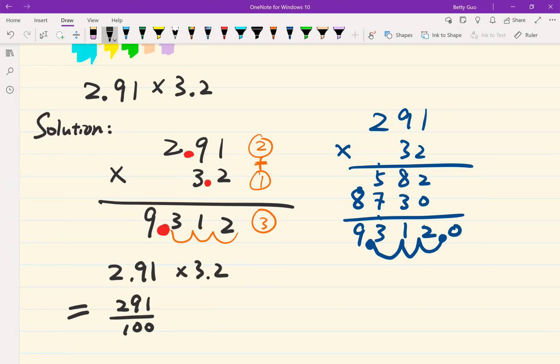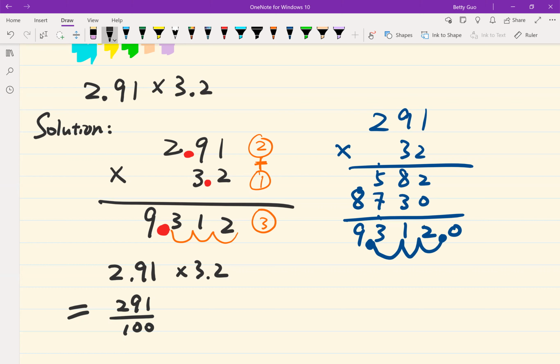Did we do a similar thing in the beginning of this section? I said we have the decimal 2.91, right? If you remove the separator, you will have a whole number. In this case, if we remove the decimal separator, we would have 291, right? Since we have two non-zero digits to the right of the decimal point, we divide 291 by 100. Two zeros behind one.